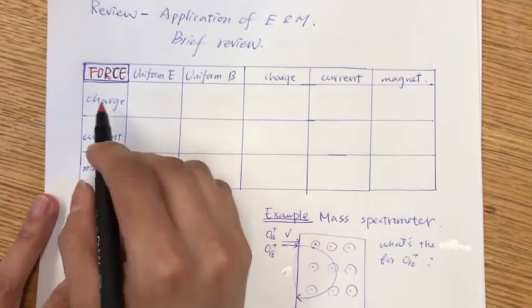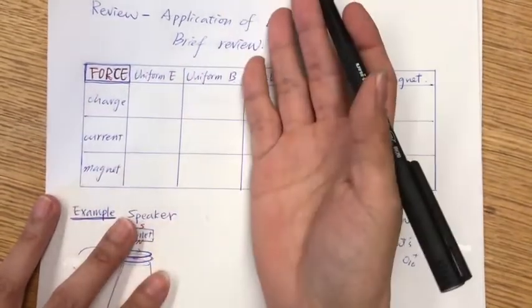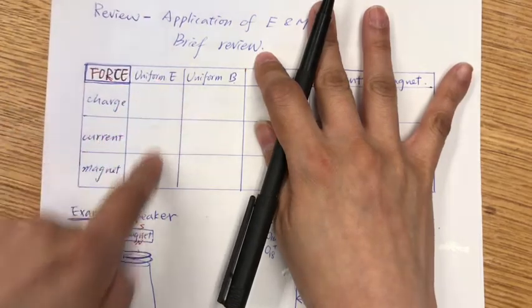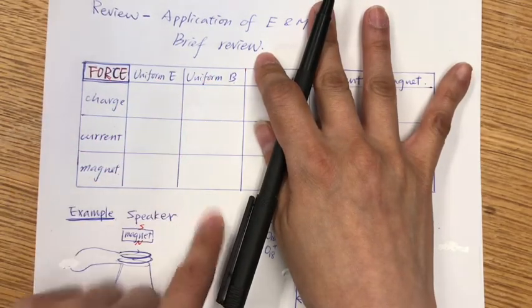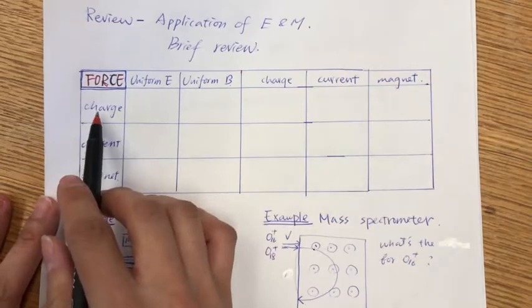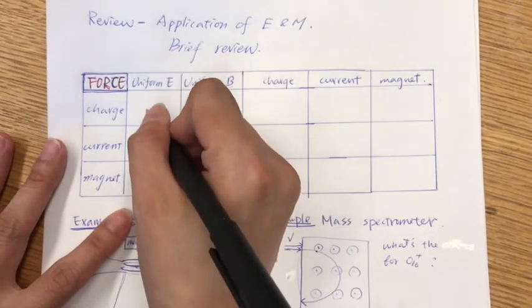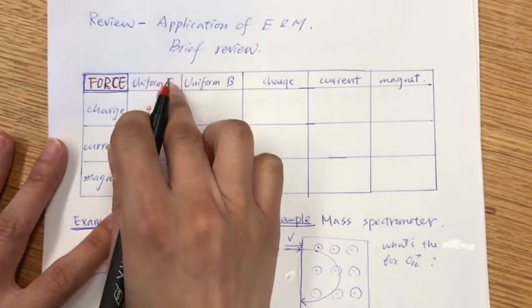All right. So now let's just generally talk about what would happen if I put a charge, current, or magnet in a uniform electric field or uniform magnetic field. When I put a charge in the uniform electric field, this charge will feel the electric field.